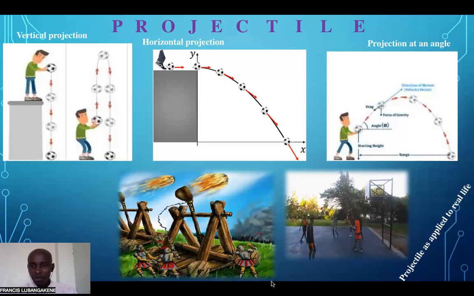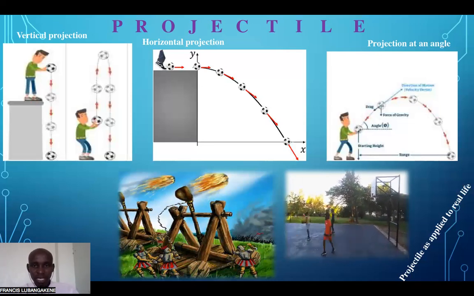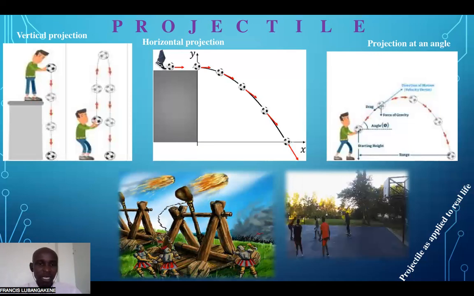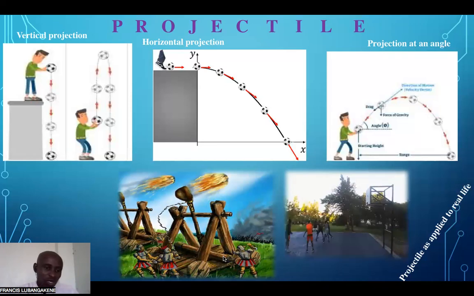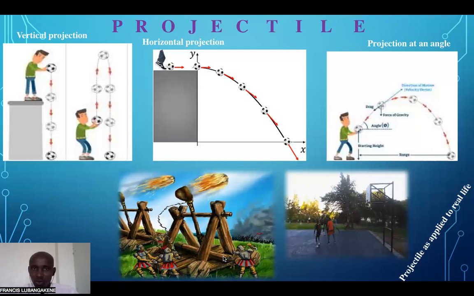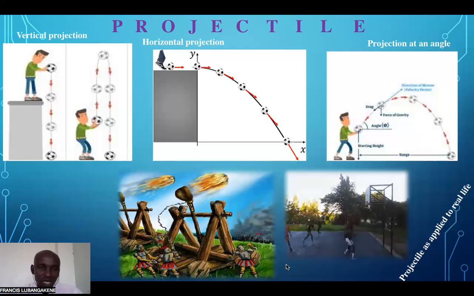How do they aim at the basket? How do they aim at a certain goal point? How do you aim at a person at a distance? You have to tilt or throw at a certain angle. So that is already projection. So projection and projectile move concurrently.